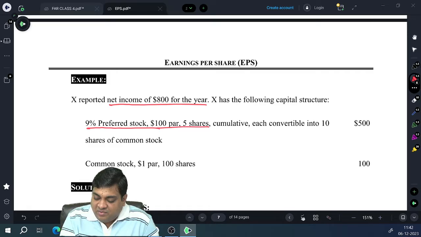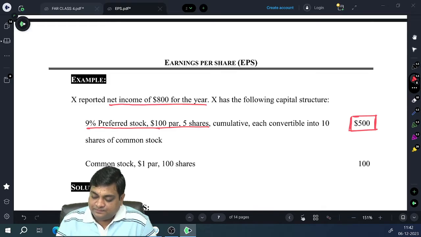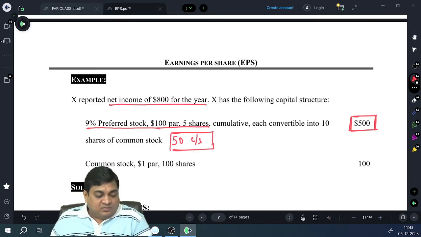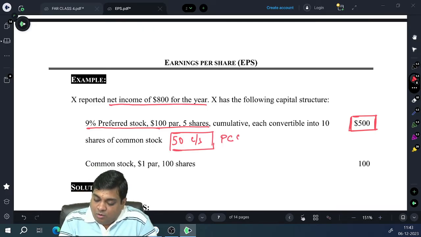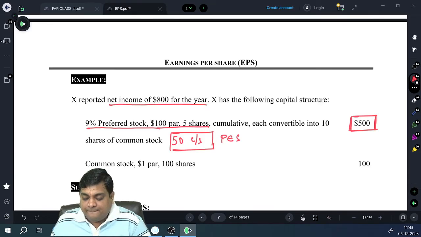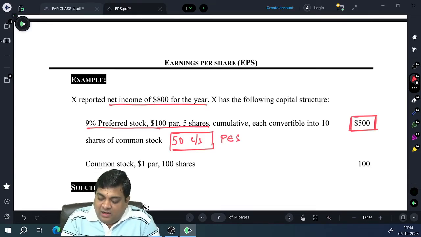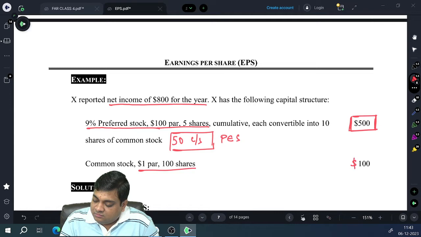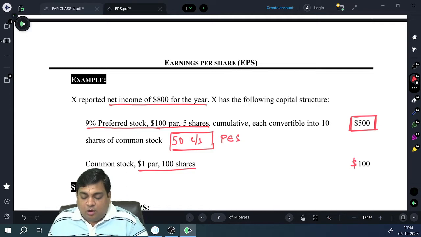So we have 5 preferred stocks, so the dollar value is 500. That will be converted into 50 common stock in future, not now. So this is potential common stock or potential equity share, whatever you say. And already we have 100 common stock.